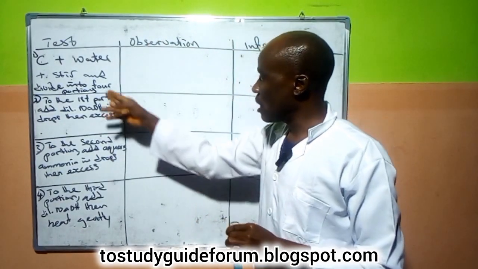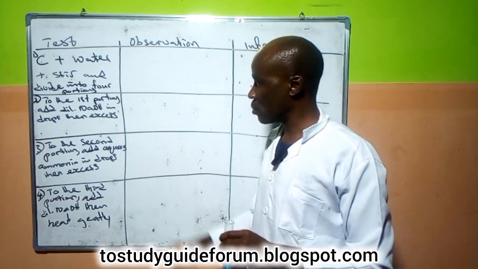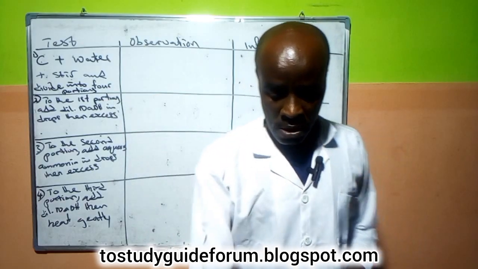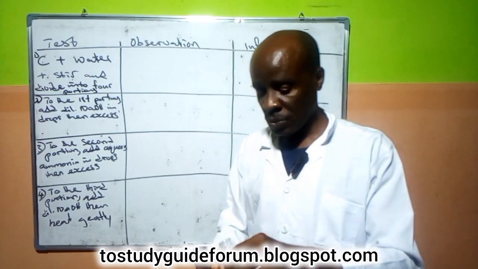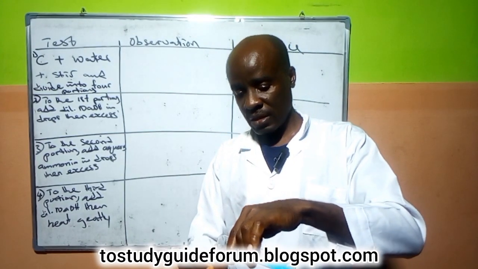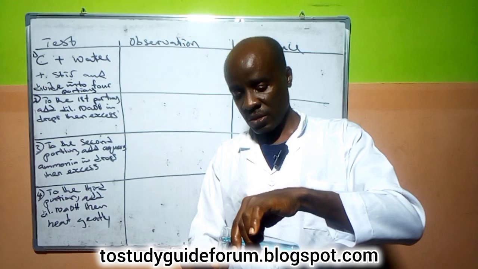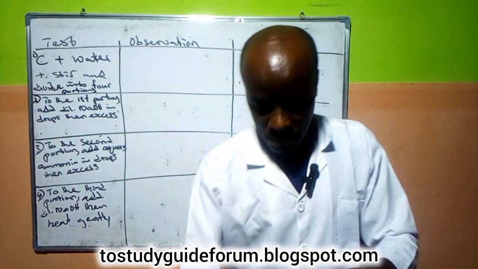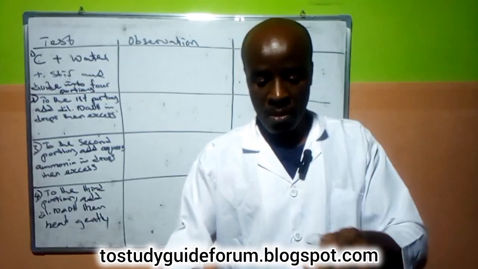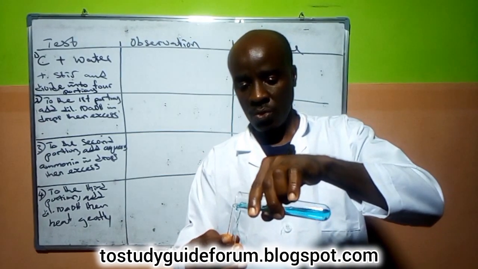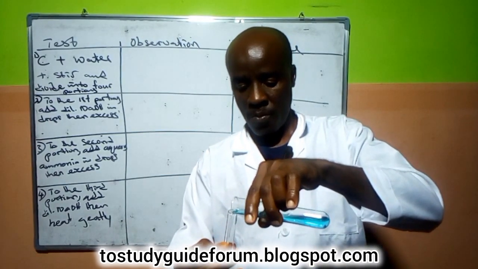So what I'm going to do now is to divide it into 4 portions, because we are going to be carrying out different tests on it, different predetermined tests to help us understand the anions and cations that are present. So I'm dividing them into 4 portions.